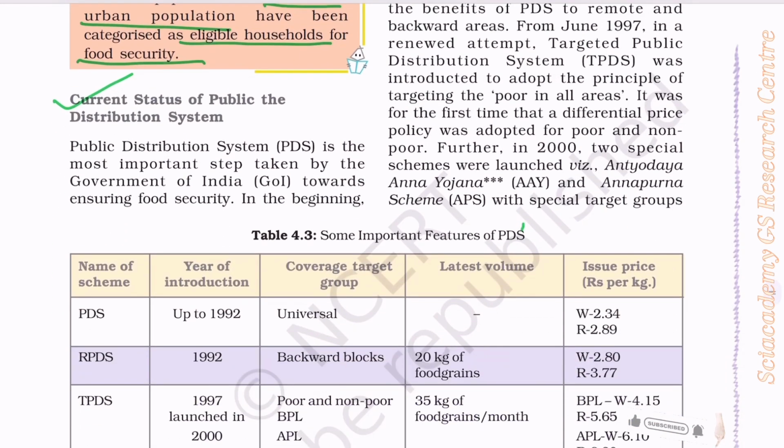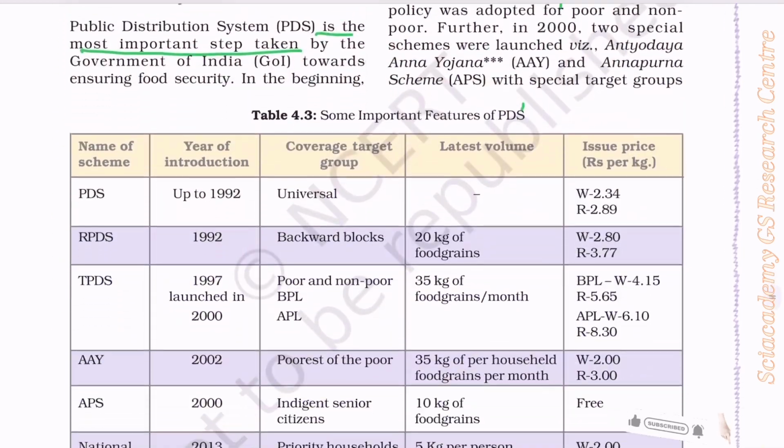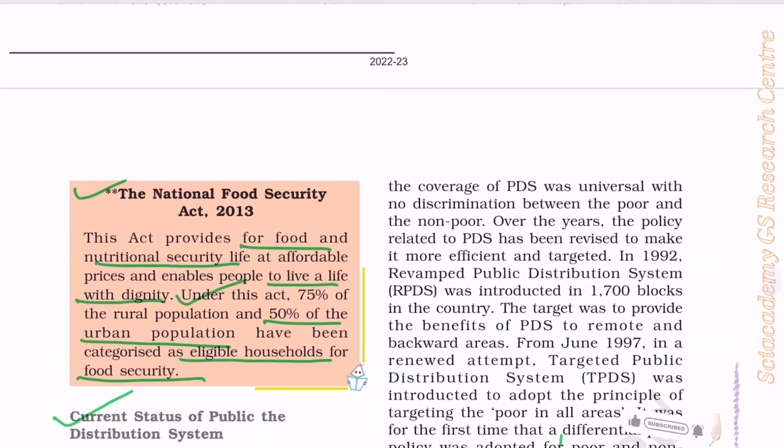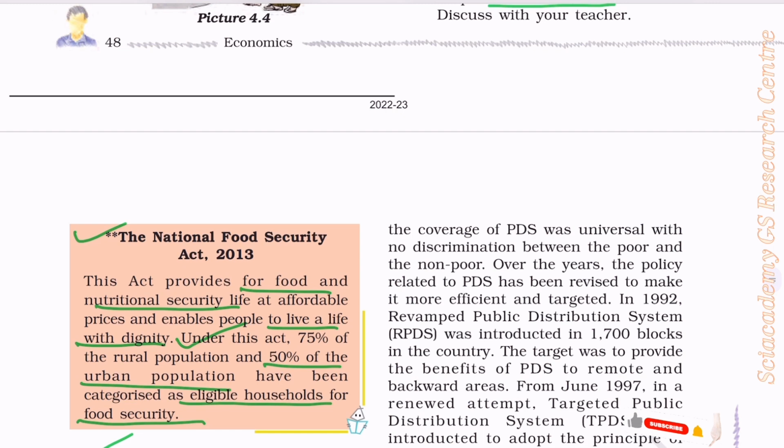Current status of the public distribution system. Public distribution system (PDS) is the most important step taken by the Government of India towards ensuring food security. In the beginning, the coverage of PDS was universal with non-discrimination between the poor and the non-poor.